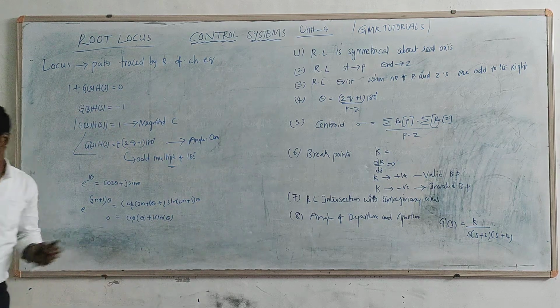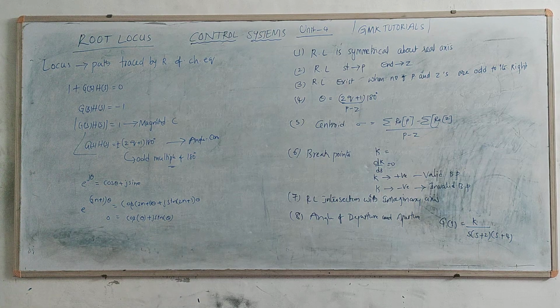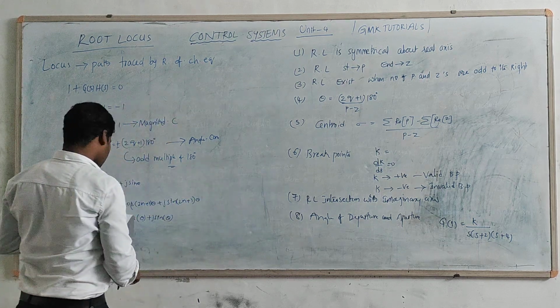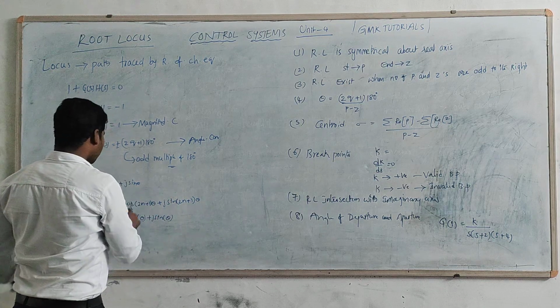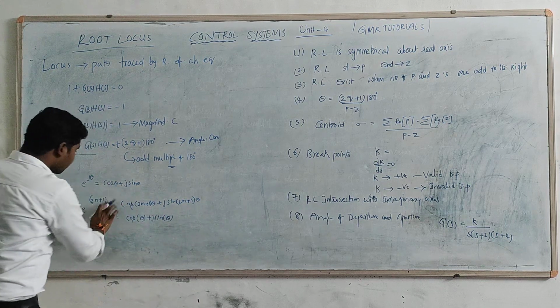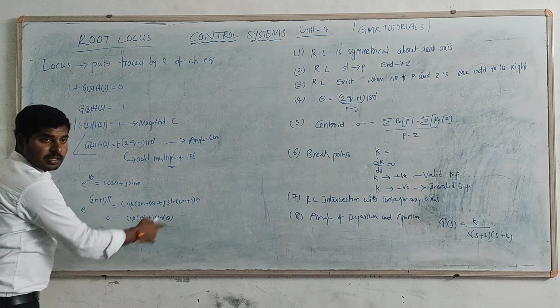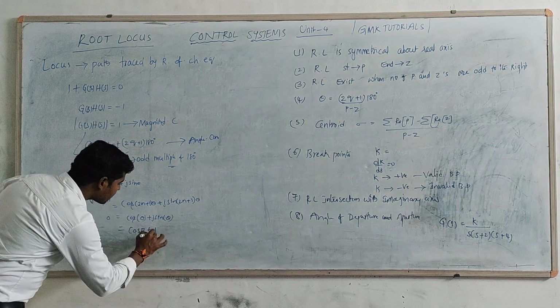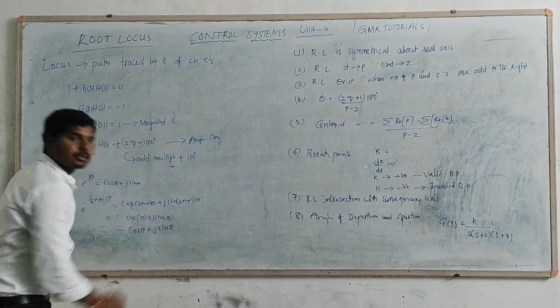So in this case, the generalized criterion is -1 is equal to (2n plus 1) into pi format, so it will represent theta is equal to pi. If you are taking pi, this equation is valid. Therefore, that is equal to cos pi plus j sin pi.